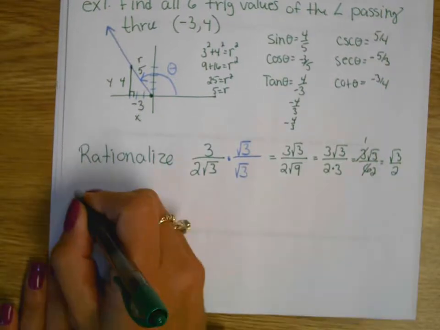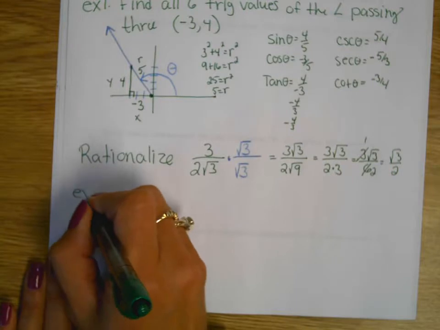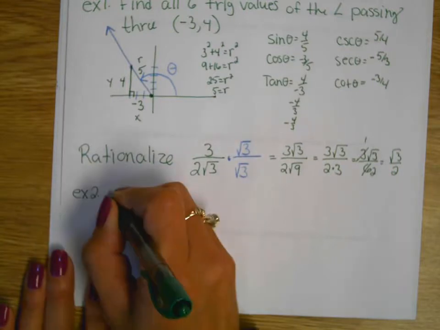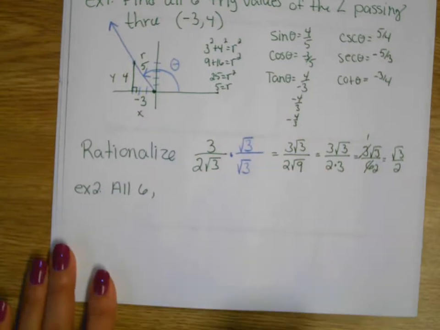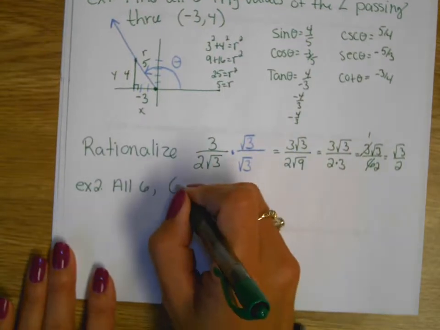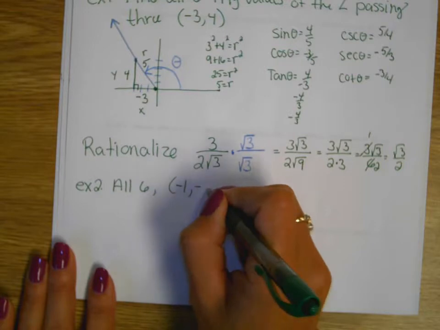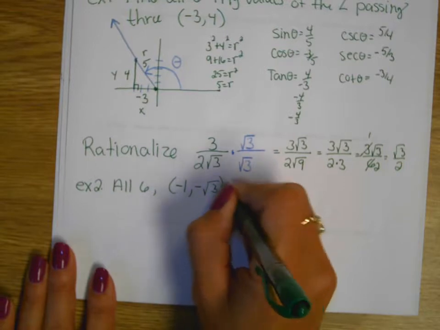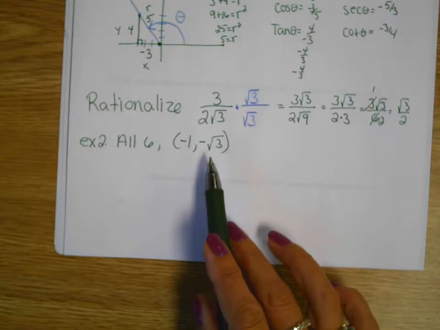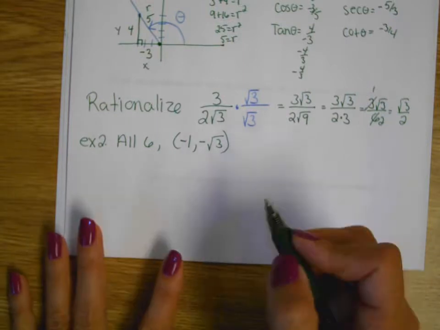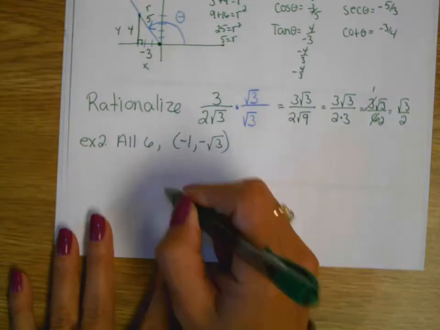Okay, so now something a little tougher. Find all 6 ratios if the angle passes through the point -1, negative square root of 3. So which quadrant is my angle theta passing through? Where is negative at?